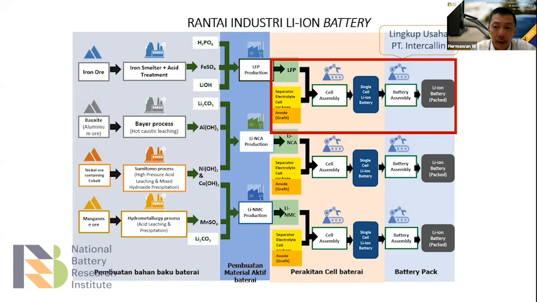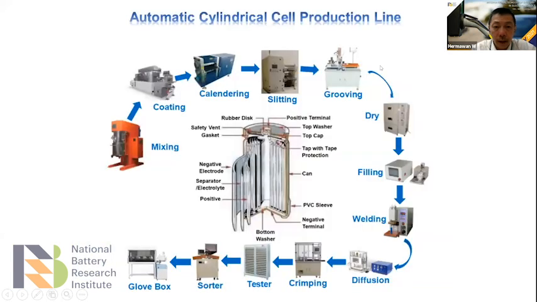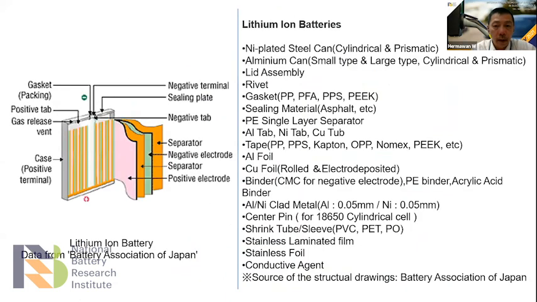We are starting with LFP production, still not NCA or NMC, but our facility can do NMC and NCA. This is the whole machine we invested in, and this is the material we need.